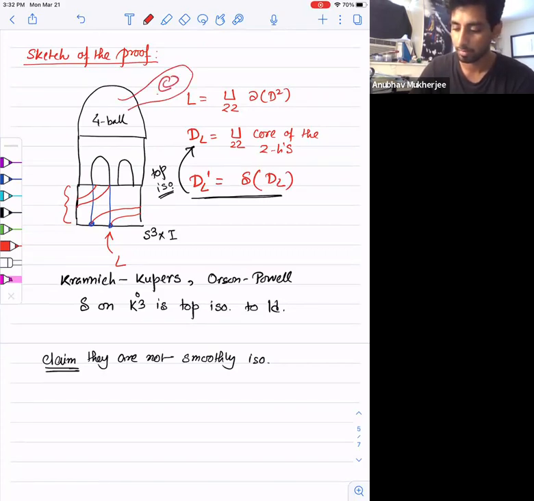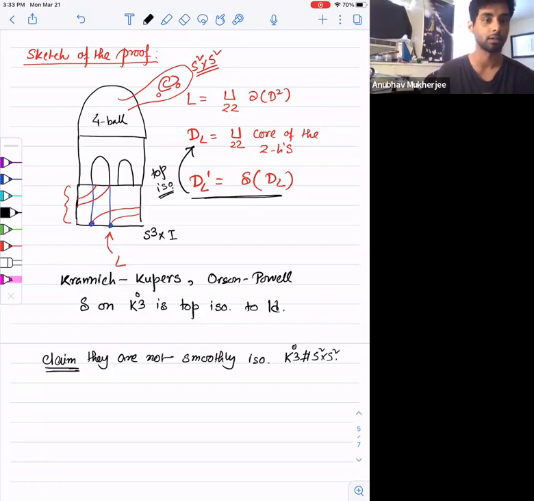So I can connected sum a copy of S2 cross S2 up here in that 4-ball region. Now we can kill two birds with one stone: proving that they are not smoothly isotopic in punctured K3 connected sum S2 cross S2. If we can prove that, then we are done.